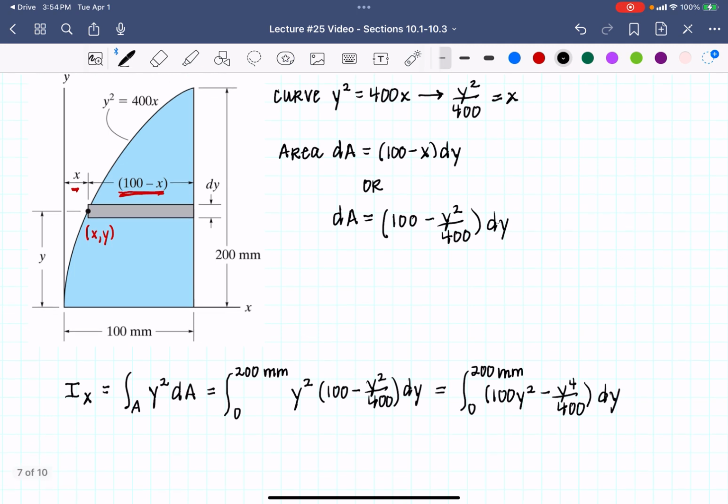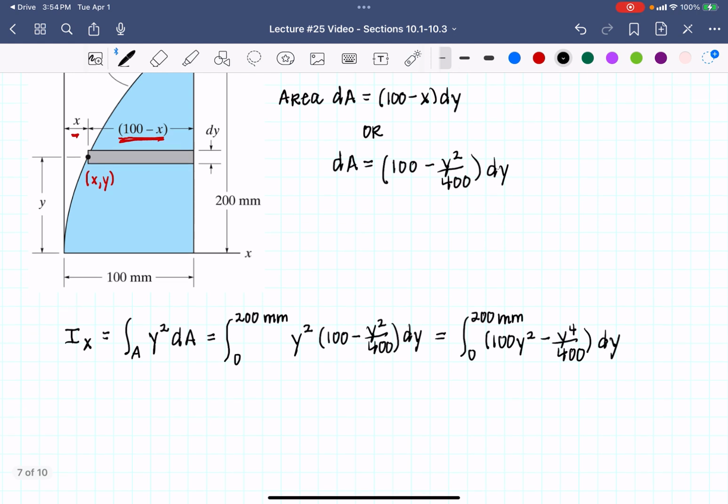And if I integrate that, I'm going to get that it equals 100y cubed over 3 minus y to the 5th over 2,000, because 400 times 5 is 2,000, and I need to plug in my limits, 0 to 200 millimeters.